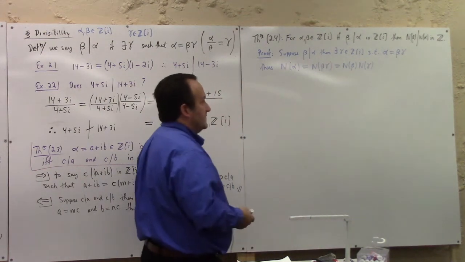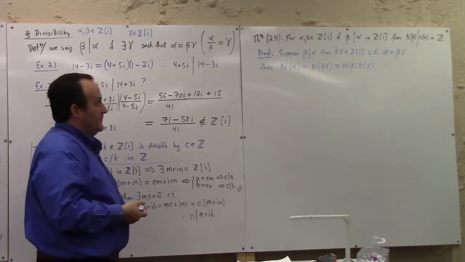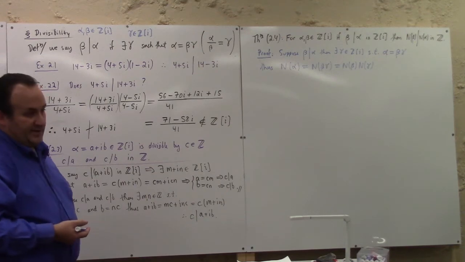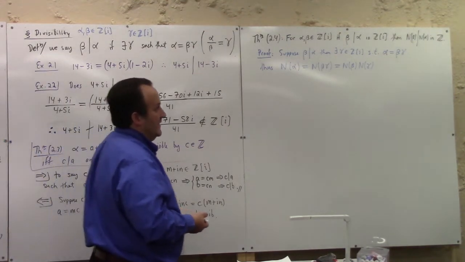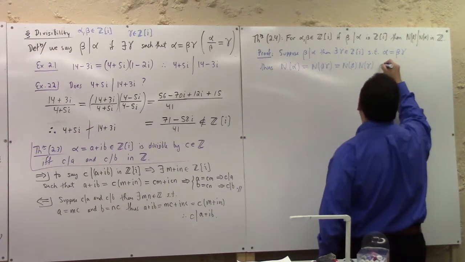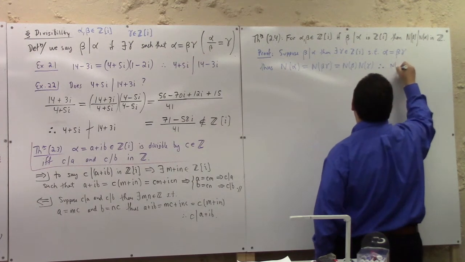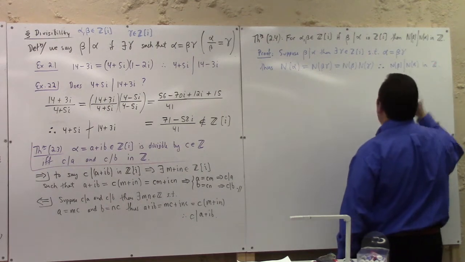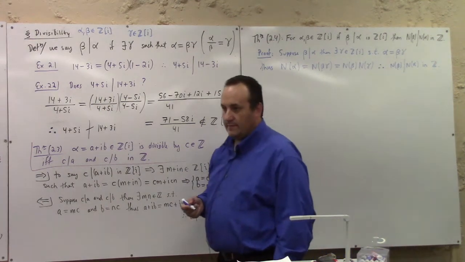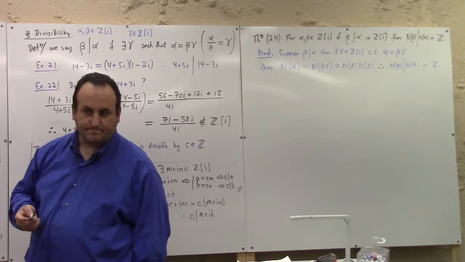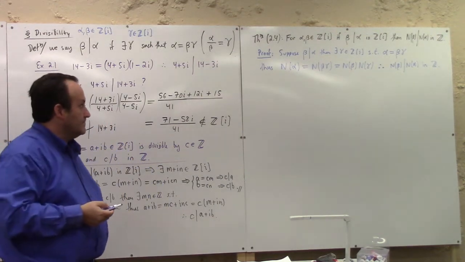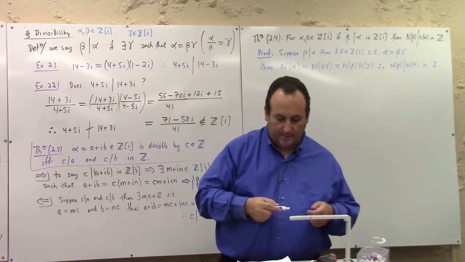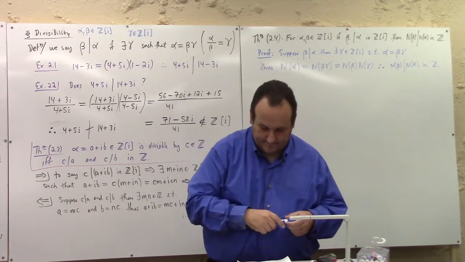These are all integers. This equation proves that N of alpha is a multiple of N of beta, which is to say that N of beta divides N of alpha, right? So there it is.